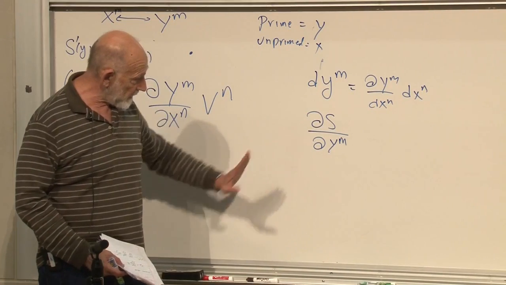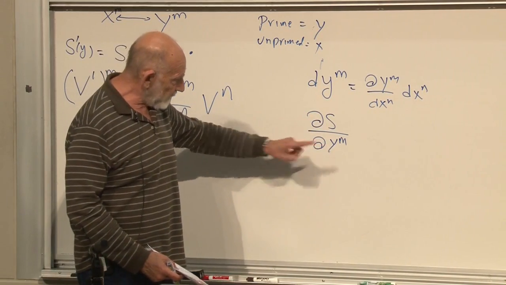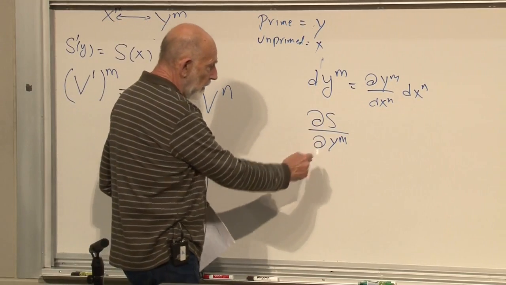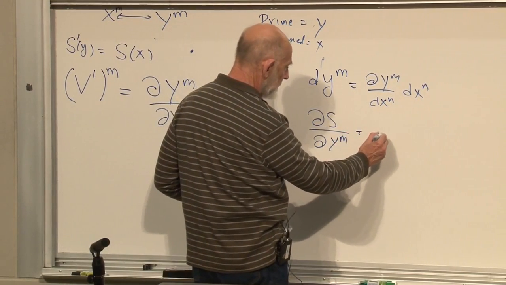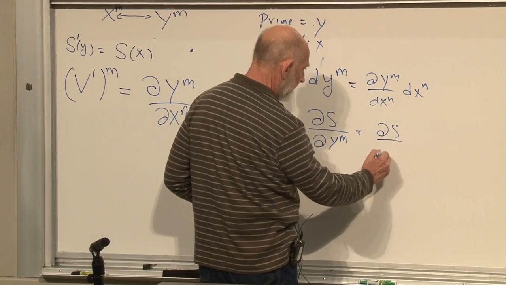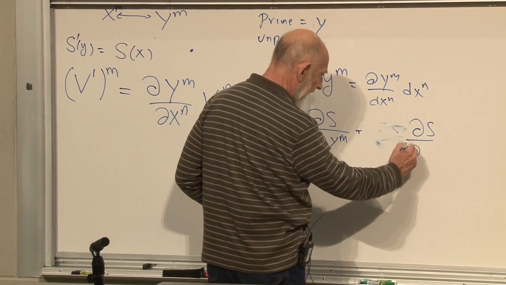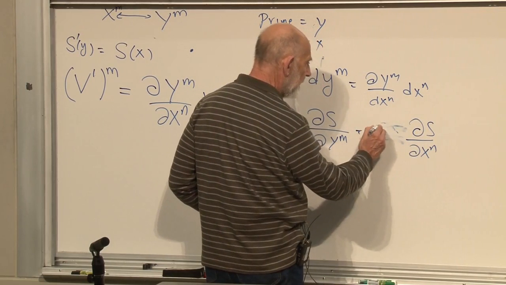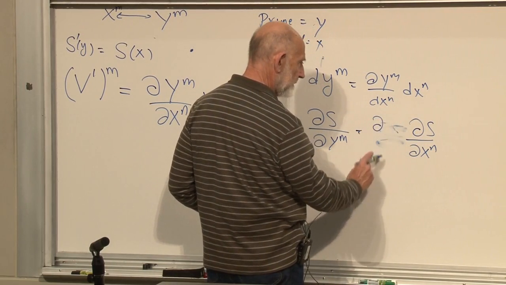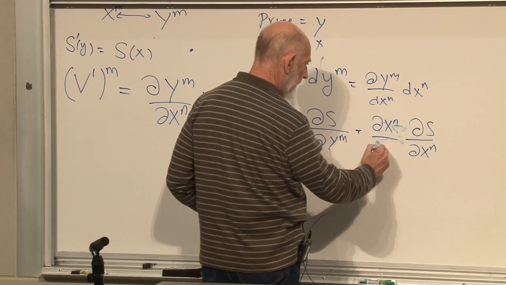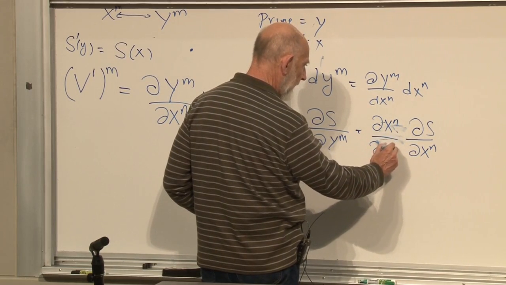This is the gradient of s, and I've differentiated with respect to y, not x, so this is a primed component, and this is equal to ds, well, let's write it this way, ds/dx^n dx^n/dy^m.